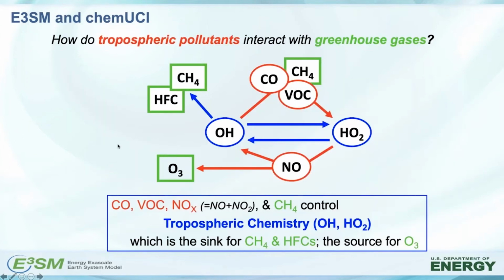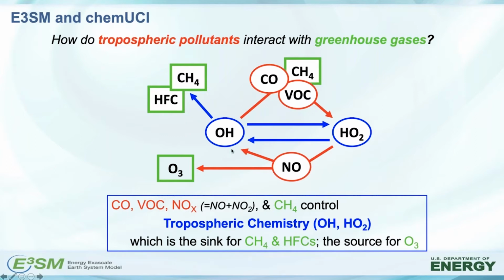With the new code now available on E3SM branches, I'm giving you a few examples of what kind of science questions we can work on. With ChemUCI in E3SM, we can study the interactions between tropospheric pollutants and the greenhouse gases. This figure shows the key species of the tropospheric chemistry.